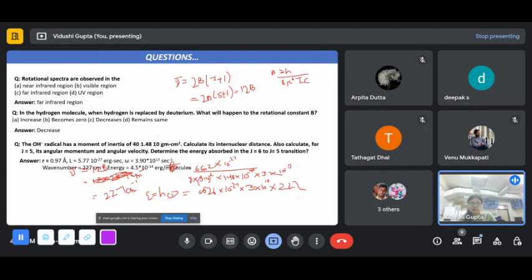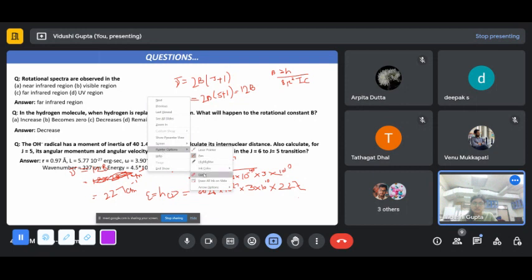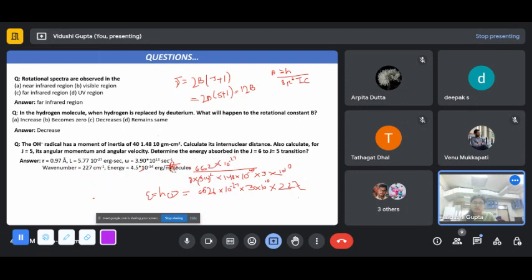Then after solving, the value of energy will be 4.5 into 10 raised to power 14. This will be the value.